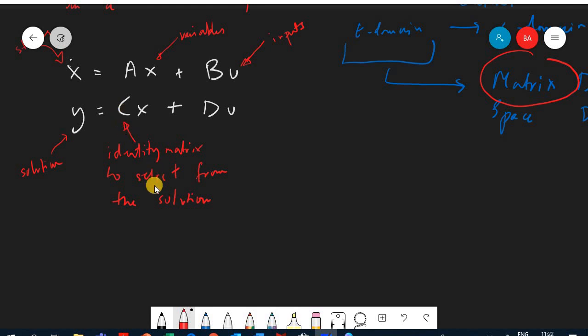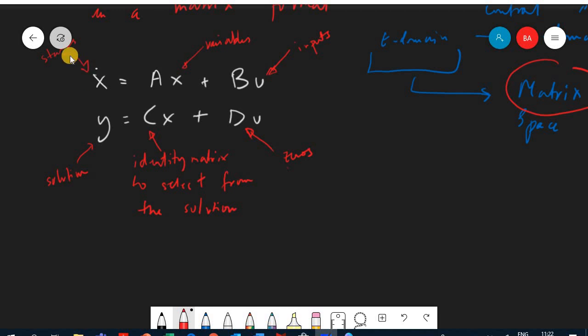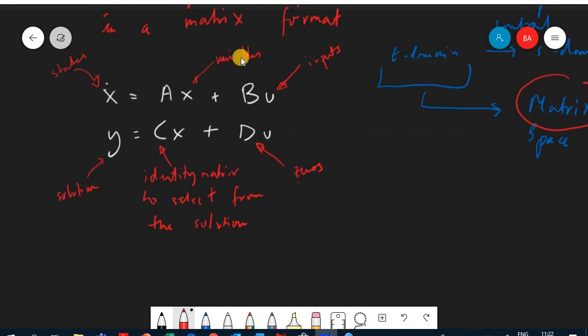Okay, what about D? D is just zeros. So it's part of putting it into the system just to make my system solvable, so that it can be solved. So this is the basic of it. I have my x dot, which are the state variables, and I have my x, which is the variables of that state.